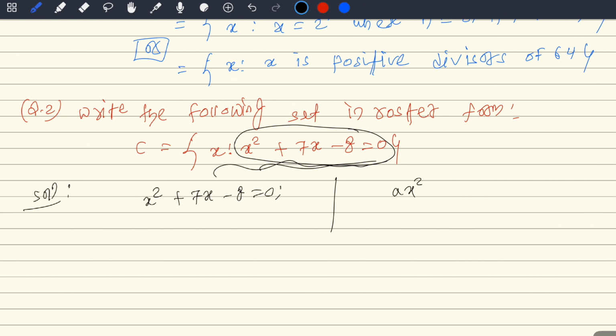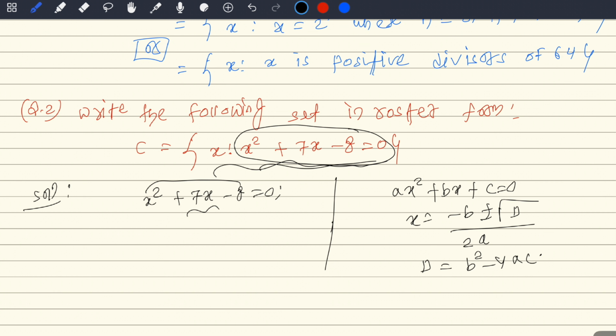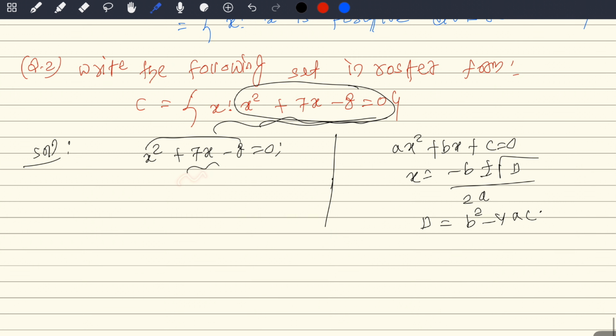If the quadratic equation is ax square plus bx plus c is equal to 0, then x is minus b plus or minus under root of d divided by 2a. What is d? It is b square minus 4ac. Either you can do that or split the middle term. How to split the middle term? You have to find two numbers whose product is minus 8 and sum is 7.